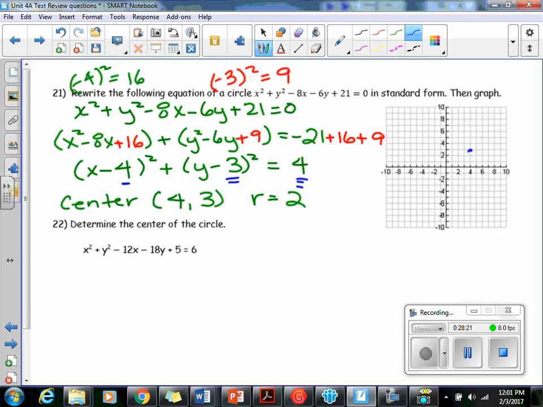Okay, sketching your circle. That's so off.